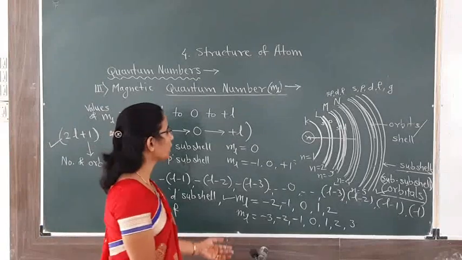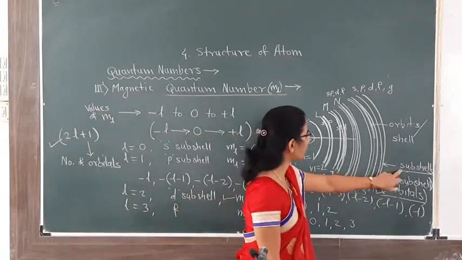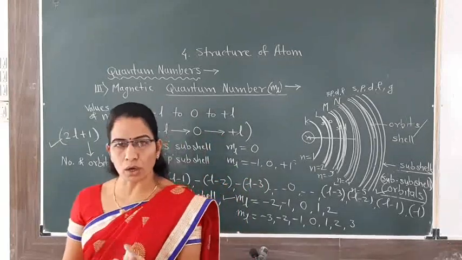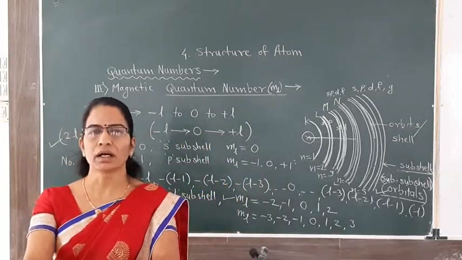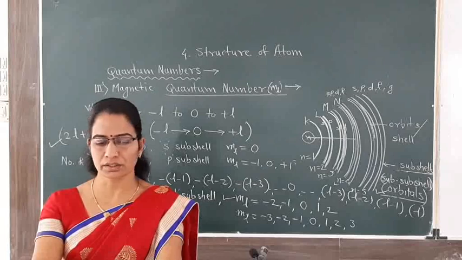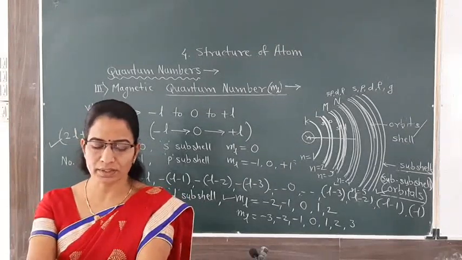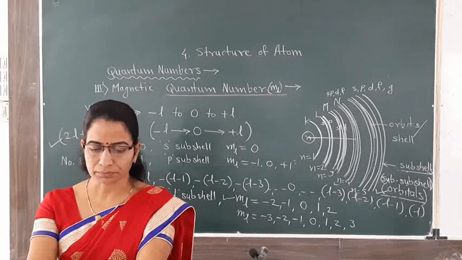Every subshell will possess orbitals, and the orbitals have a three-dimensional structure. What are the shapes of those orbitals? We will see in the next lecture.